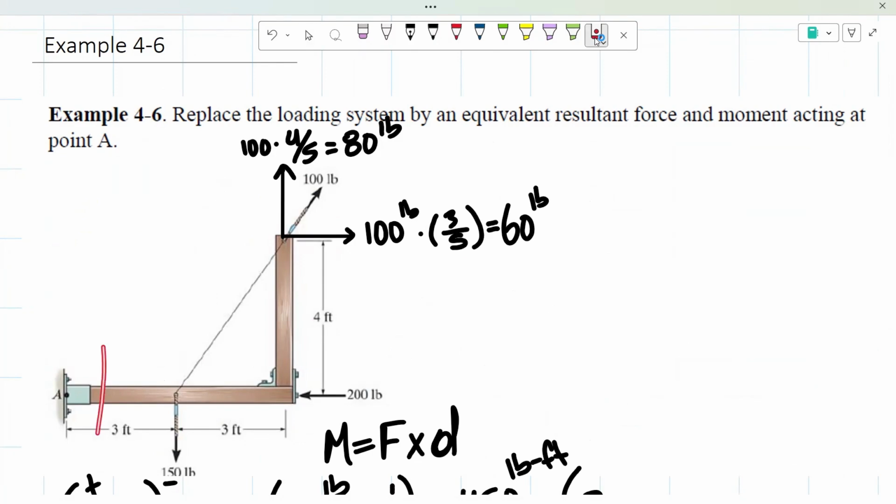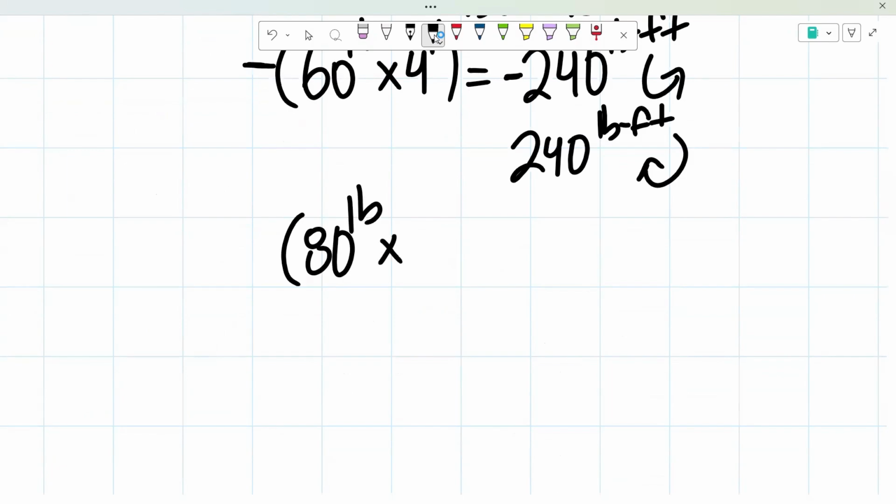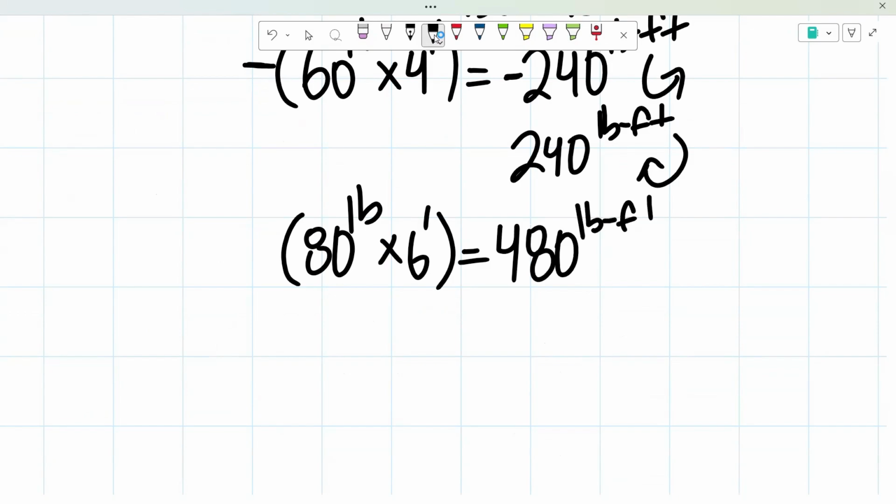Since it's going upwards, we know that's going to be creating a positive moment, since it's going to be creating a counterclockwise moment. So that's going to be a positive moment. So we have a positive moment of our force, which is 80 pounds, times the 6 feet. So that means that we would be having a moment of 480 pound feet going counterclockwise.